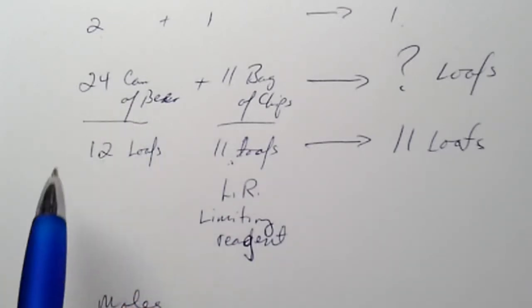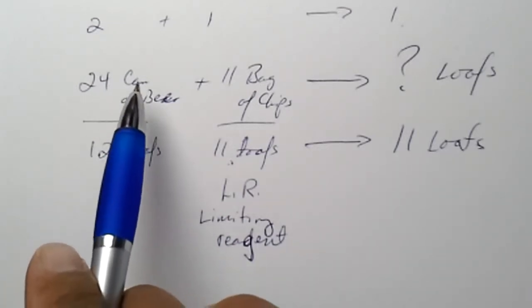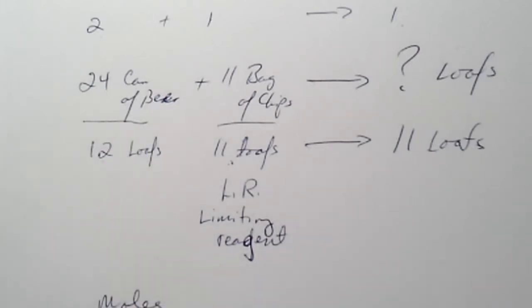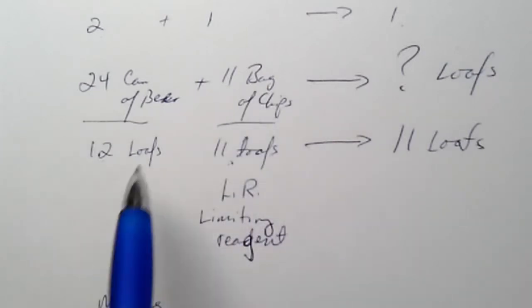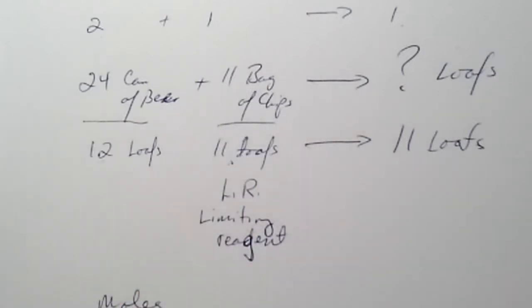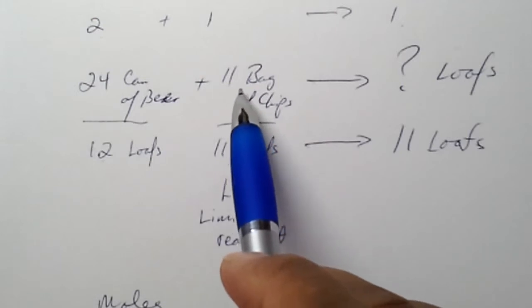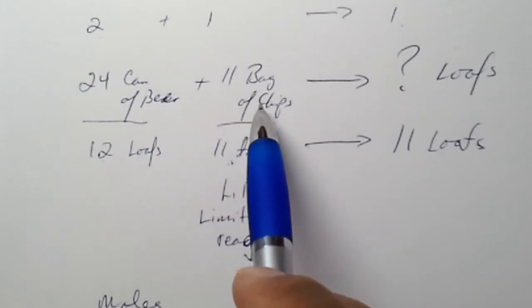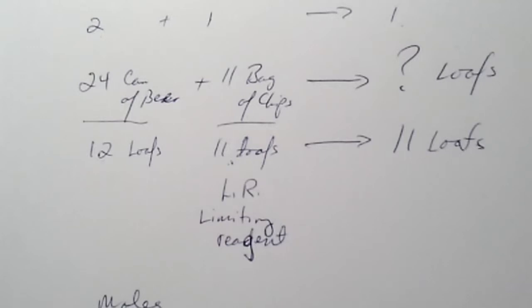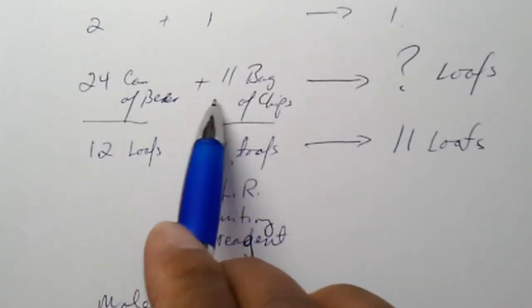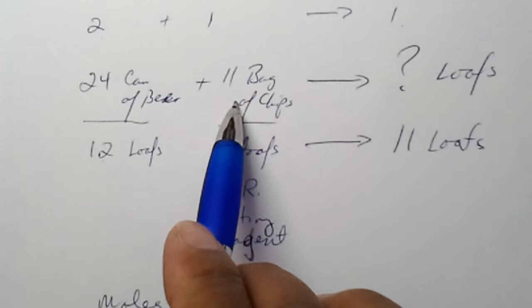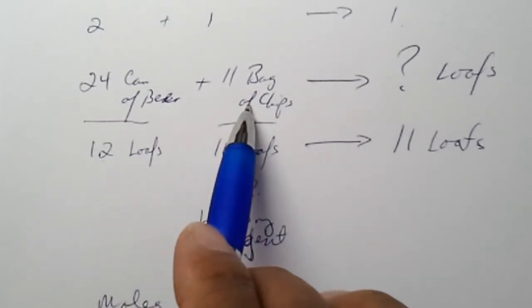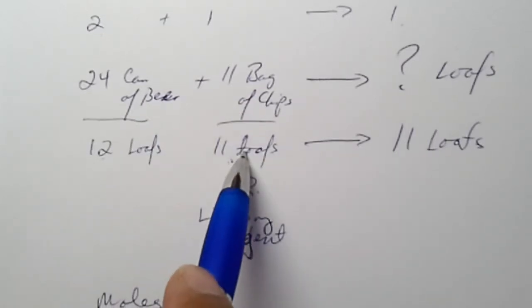A can of beer is liquid, maybe an 8-12 ounce can. A bag of chips is obviously weighed in grams or kilograms, and sometimes a different number of ounces depending on the type of chip it is. So we're dealing with different types of measurements, and so they're incompatible in terms of a one-to-one relationship.